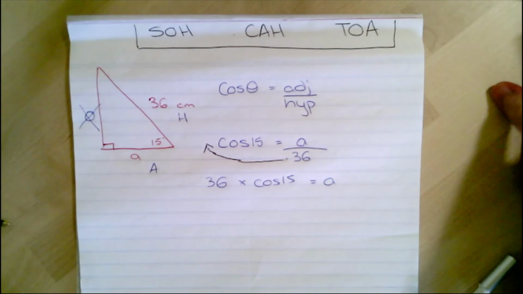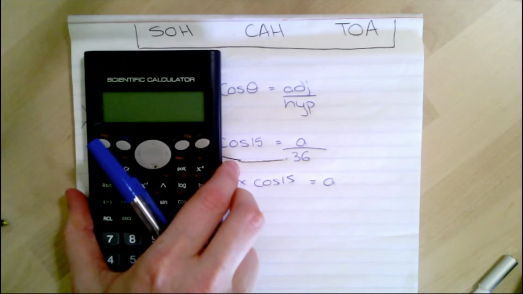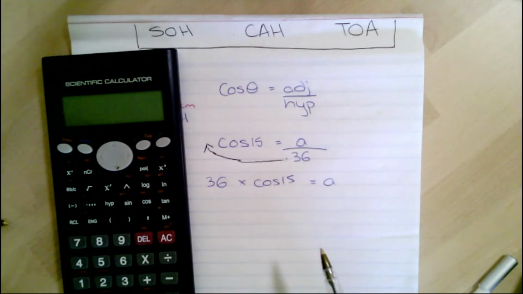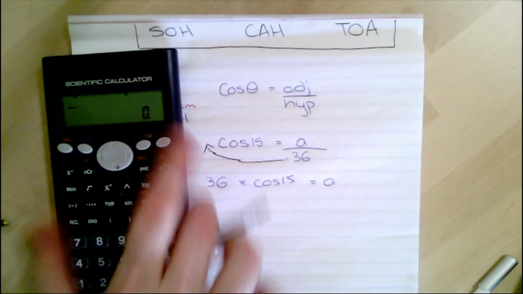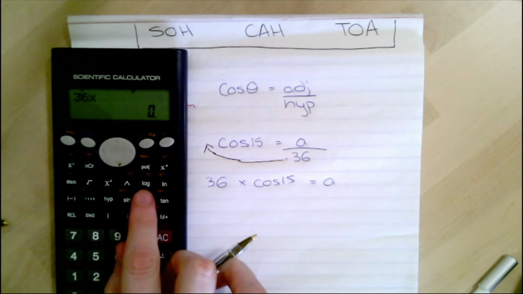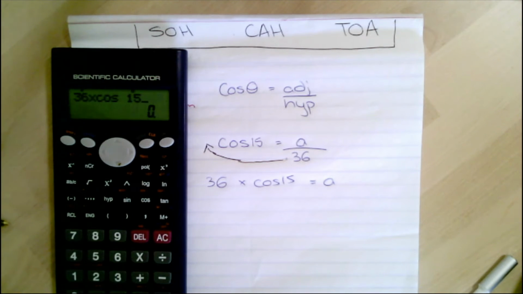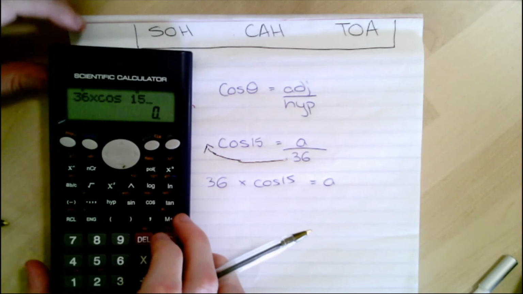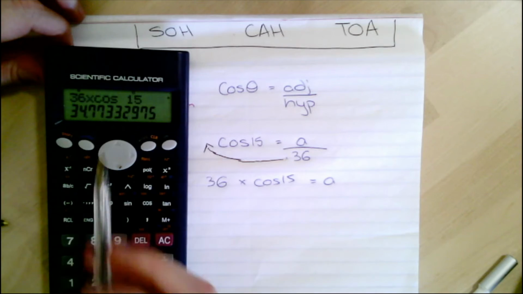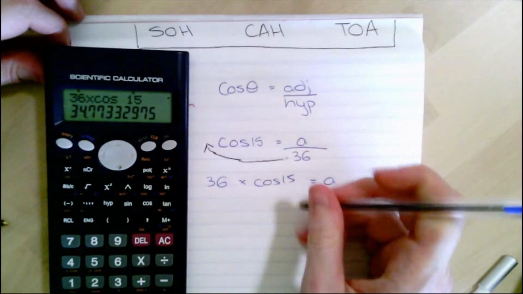So now I grab ye old faithful, my calculator, and I'm going to type this in and it's going to give me an answer for A. So I'm going to turn it on. I'm going to write 36 times cos 15. See how my number sentence here is matching exactly what's here. Hit equals and it's going to tell me what A is equal to.